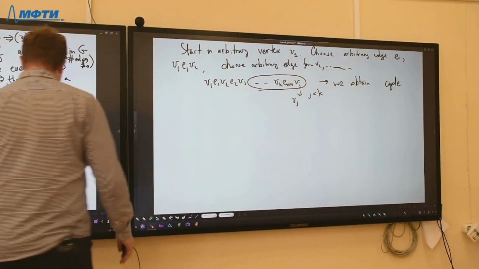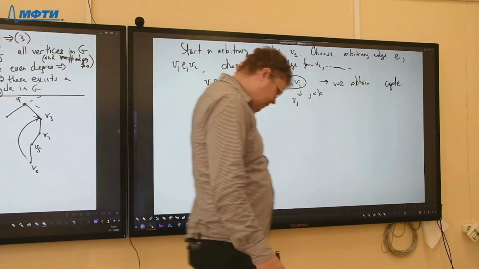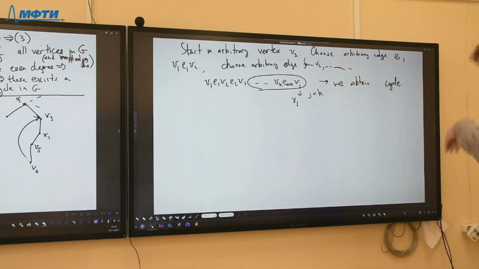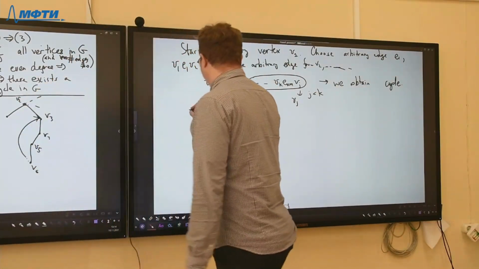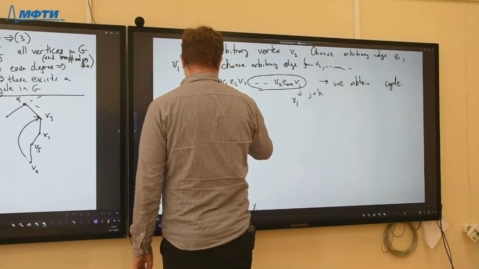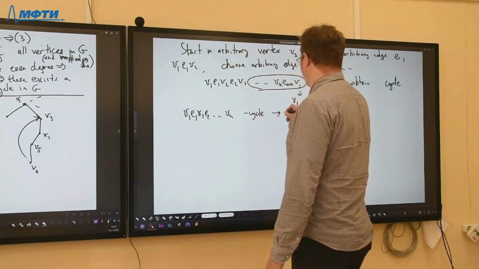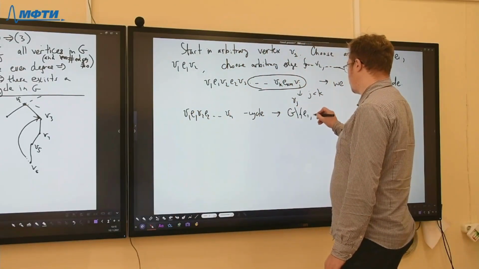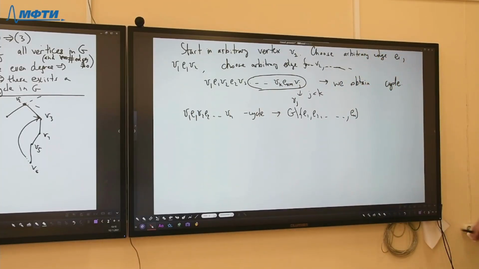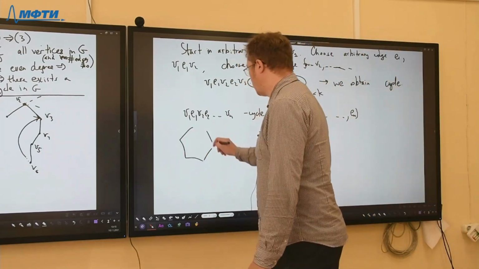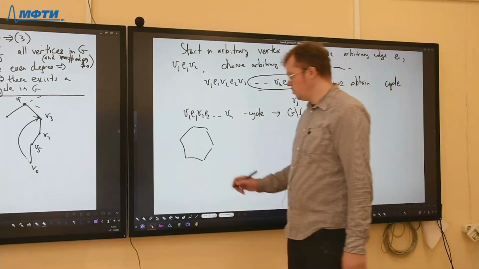Okay. So if all vertices in G have even degree, then we can always obtain a cycle. But then we can forget about all the edges of the cycle. If we have a cycle V1, E1, V2, E2, up to Vn, we can consider the new graph by removing all these edges. It means the degrees of all these vertices go down by 2.